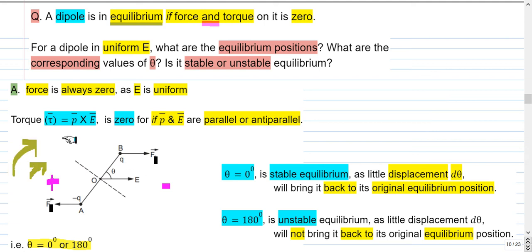So it will take it away from the original position. Similarly, if I try to displace this dipole a little bit in the anti-clockwise direction, there will be a torque in this direction that will take it away from the equilibrium position. So theta equal to 180 degrees corresponds to unstable equilibrium position.